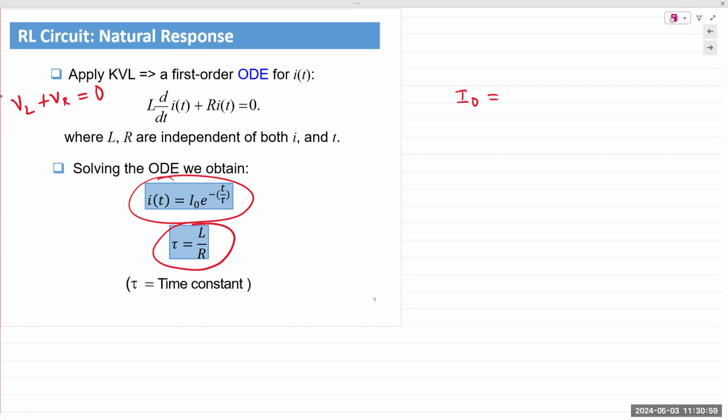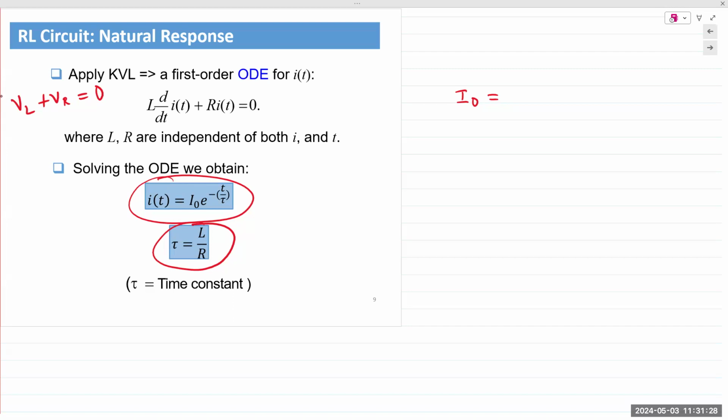It's the size of the container, the fluid flow, and the size of the pipe. How fast the energy transfer takes place. Again, it's the size of the container, meaning it depends on the size of the inductor and the resistor. It's always fixed for a particular circuit, L over R. Whether it's charging or discharging, that tau doesn't change.